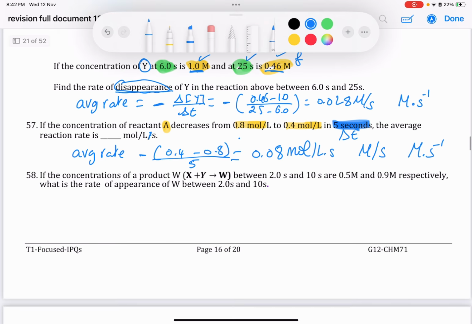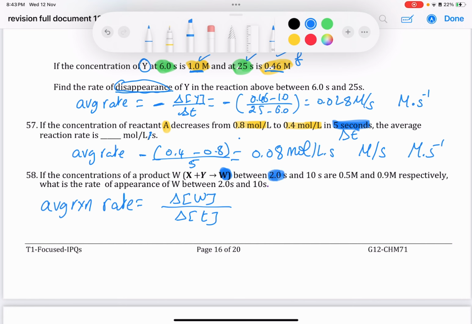If the concentration of a product W, now we're talking about W, it's a product. So when I write the average reaction rate, I will simply put delta W over delta T. So for the product, they want to calculate the average rate between 2 seconds and 10 seconds.